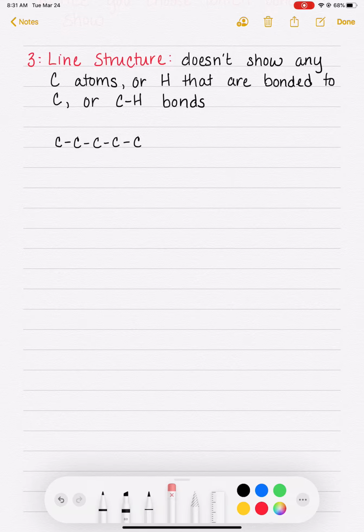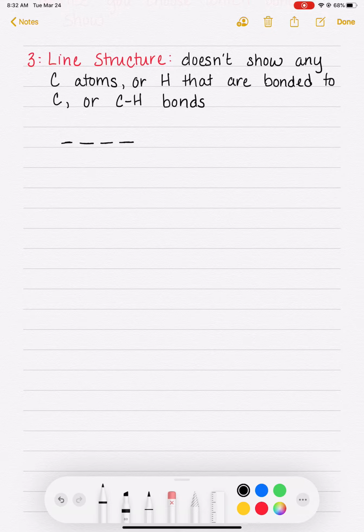And also, we don't show any carbon atoms. So all these C's that we're using to represent the carbon atoms, we're not going to show that either. So this is all that we're left with. These are the carbon-carbon bonds. And that's the only thing that we show in a line structure, just those guys.